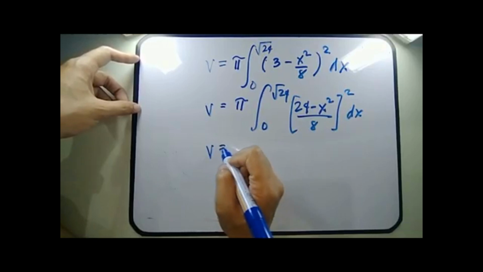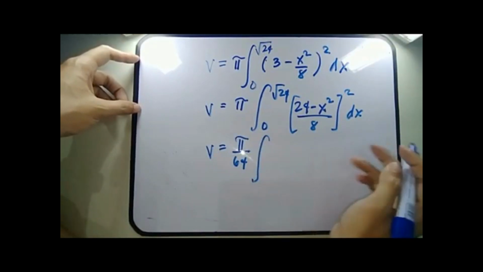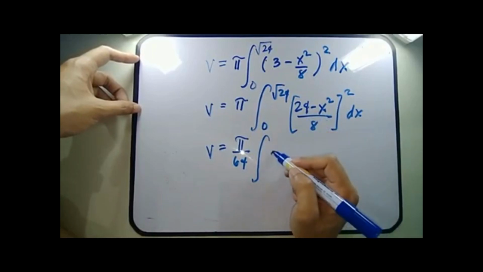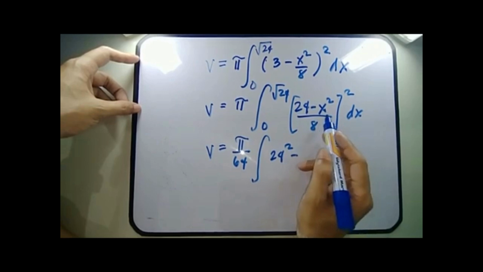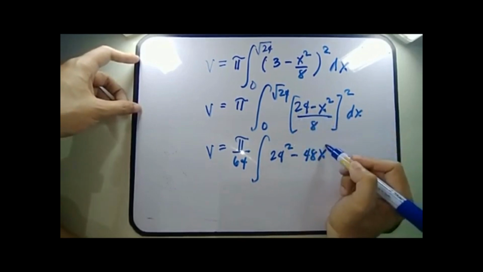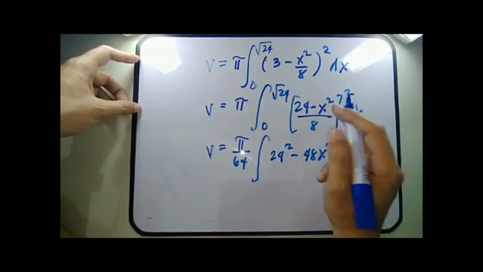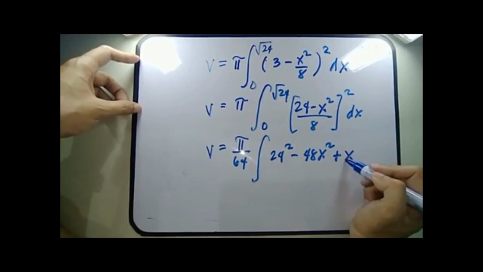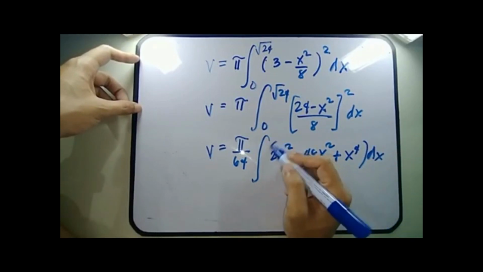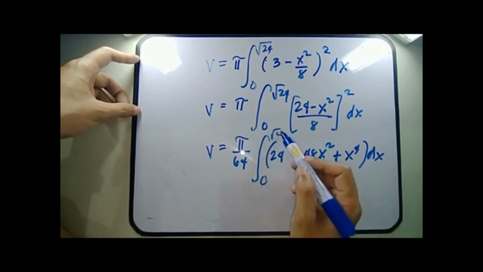So, volume equals pi all over 64, the integral of, and we expand this, guys: 24 squared minus twice 24 times 24 is 48x squared, plus negative x squared times negative x squared, so positive x raised to 4, differential of x. Our limit is from 0 to square root of 24.